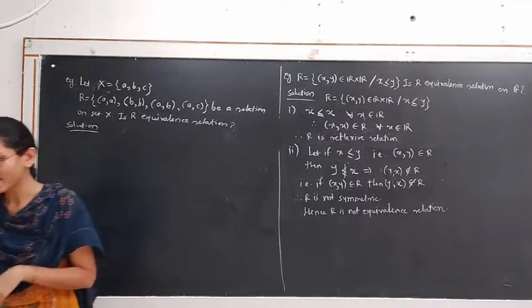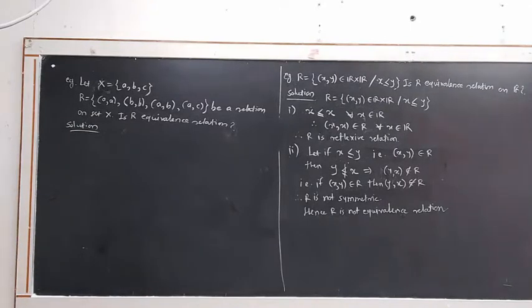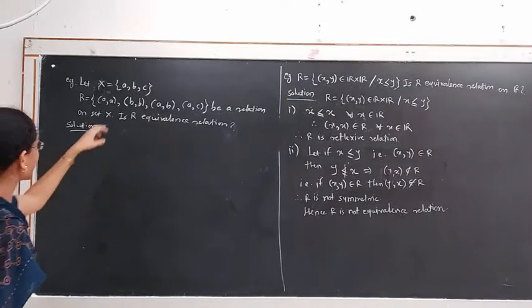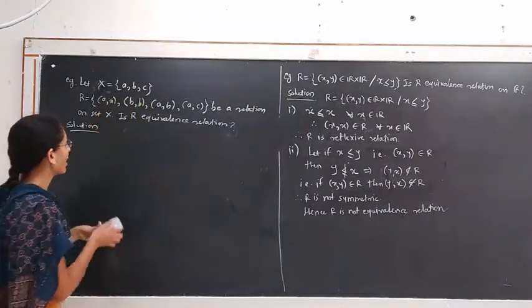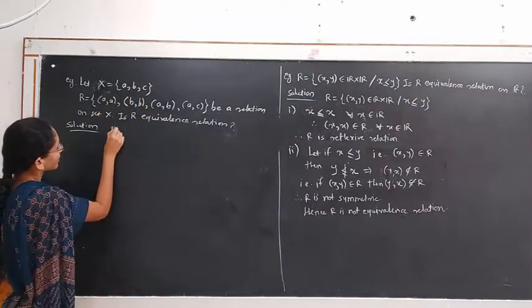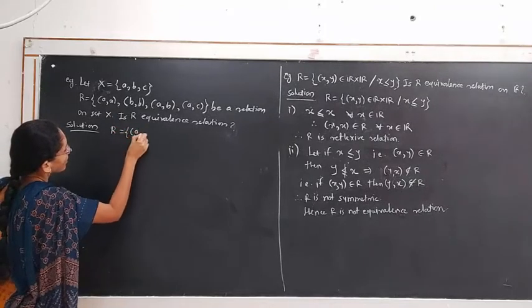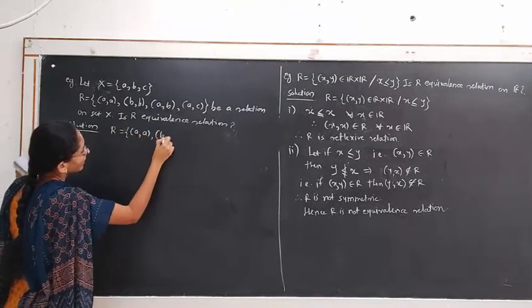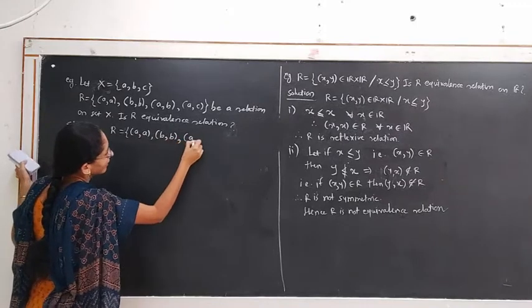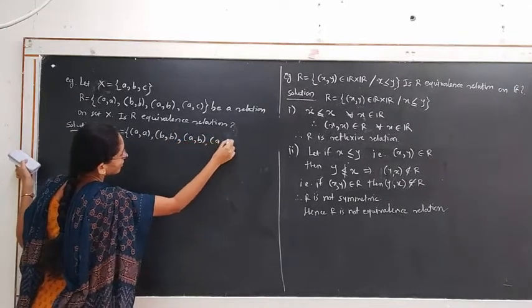Given that R is a relation on the set X consisting of three elements a, b and c. The R set is given as the ordered pairs (a, a), (b, b), (a, b) and (a, c).